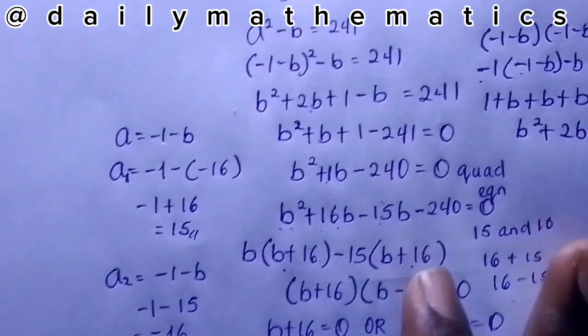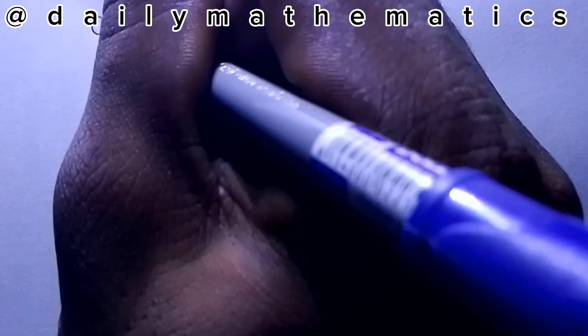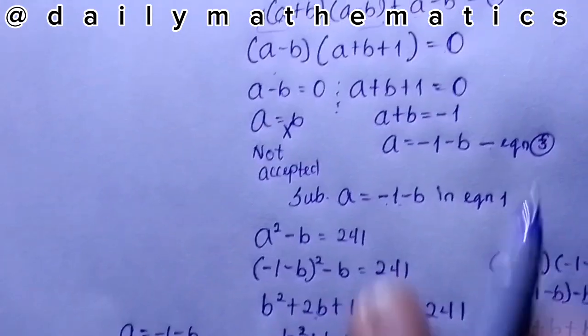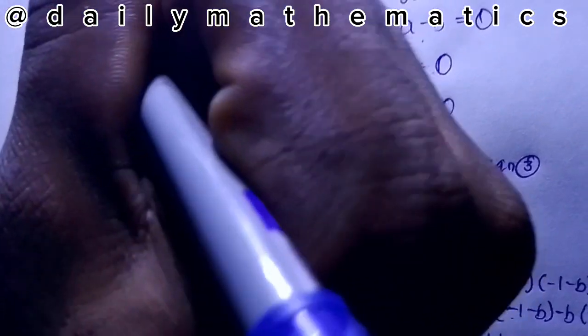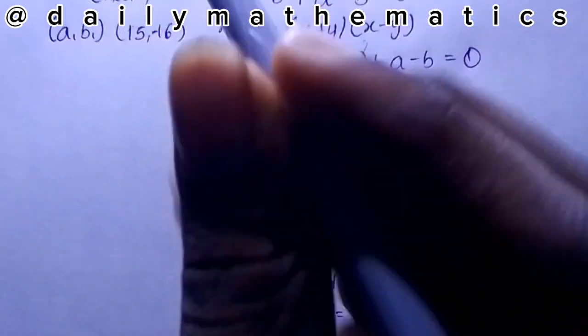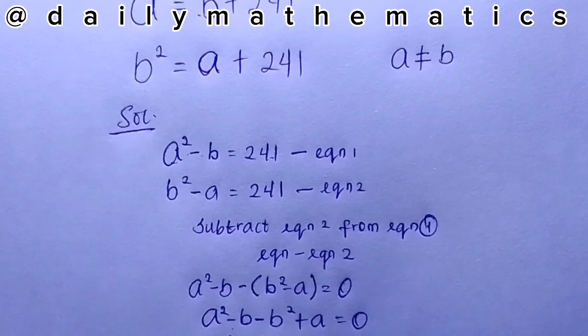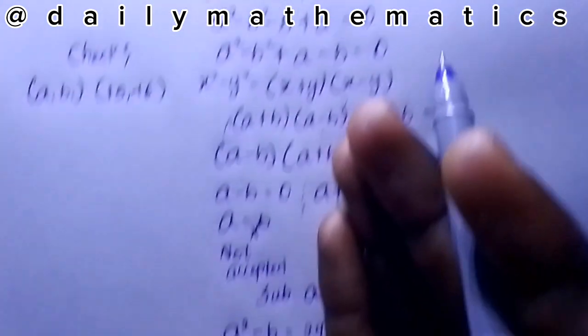If we are to check, let's check for a1, b1, which is 15 and minus 16. Let's use the first original equation we were given, a squared equals b plus 241.